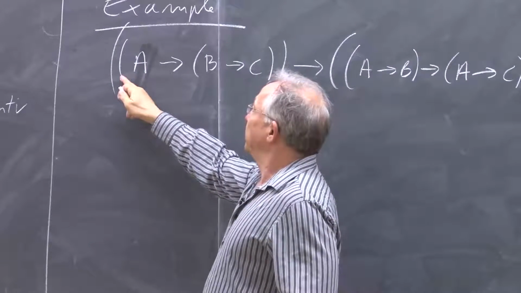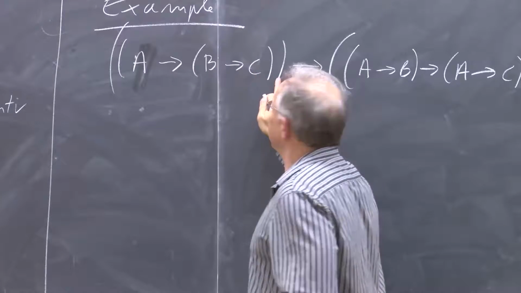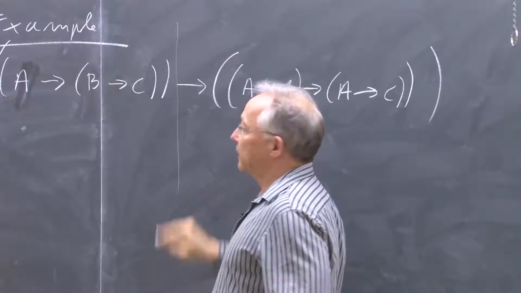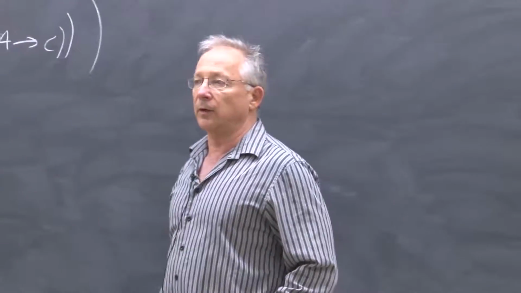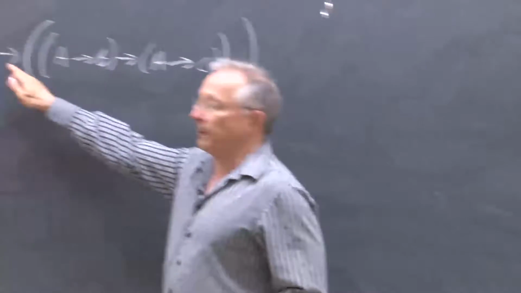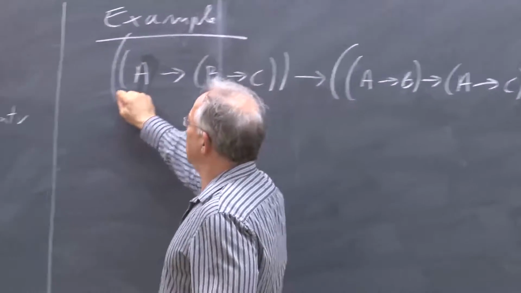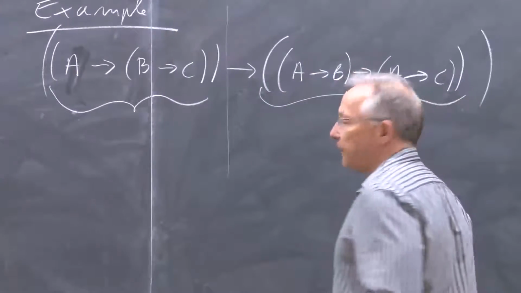So here I have +1, +2, +1, 0. This is the first place where the number of left brackets equals the number of right brackets when I ignore the leftmost. So this is my main connective. So my formula is made of two subformulas, this one and this one.